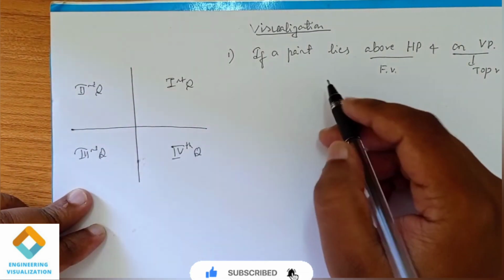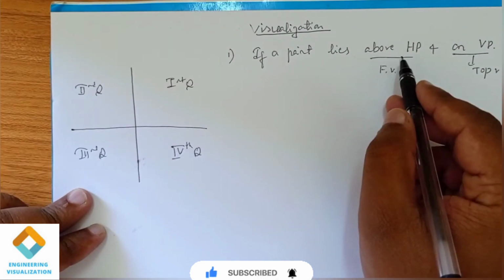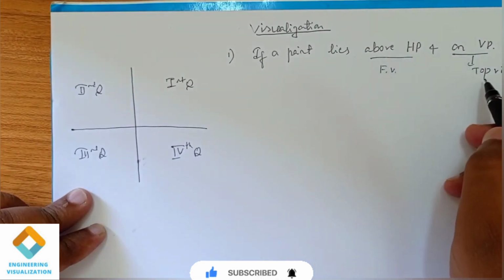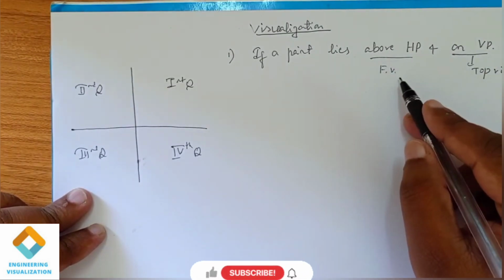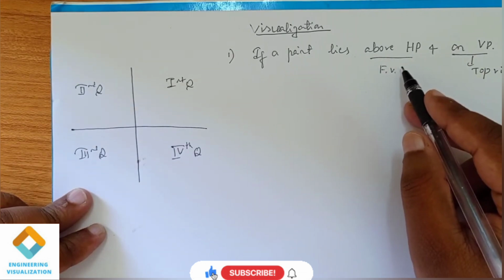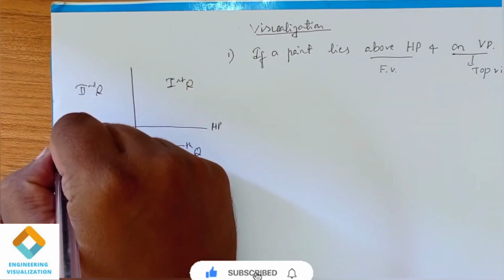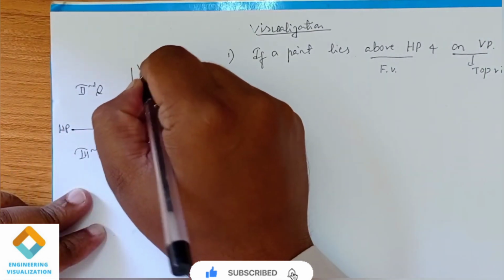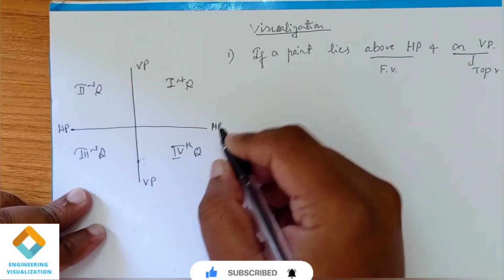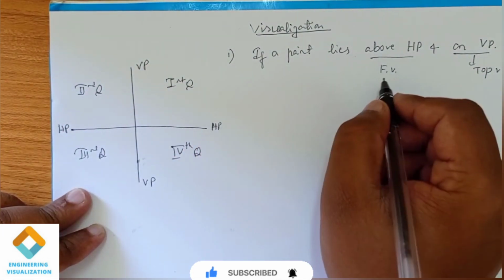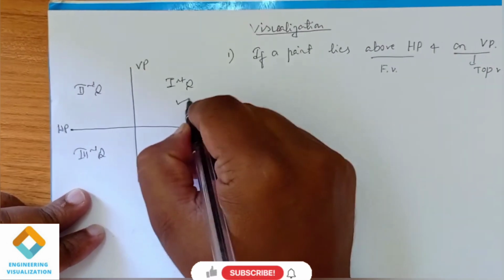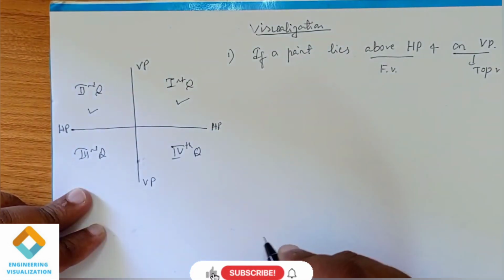Okay, so you can see that if a point lies above HP and on VP, we already got the top view. Now we have to look for the front view. So above HP, this is our HP plane, correct? Above HP means the front view can lie either in the first quadrant or the second quadrant.